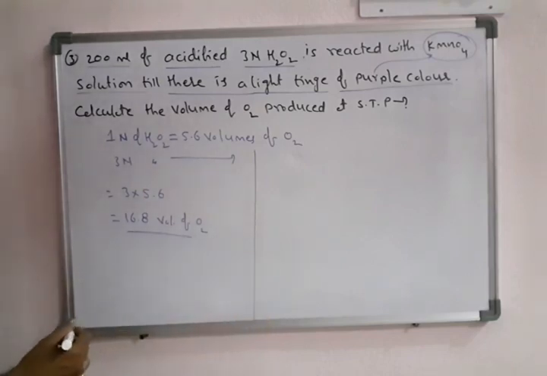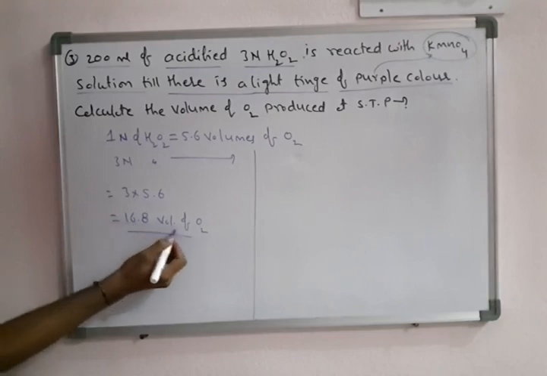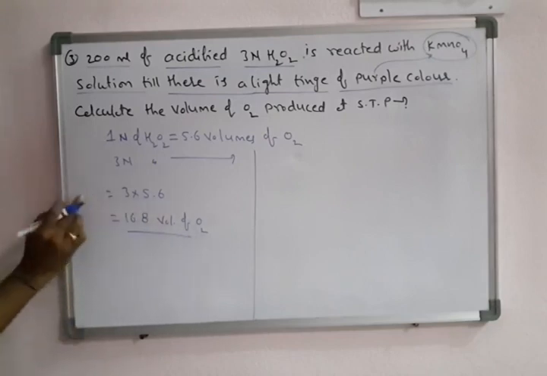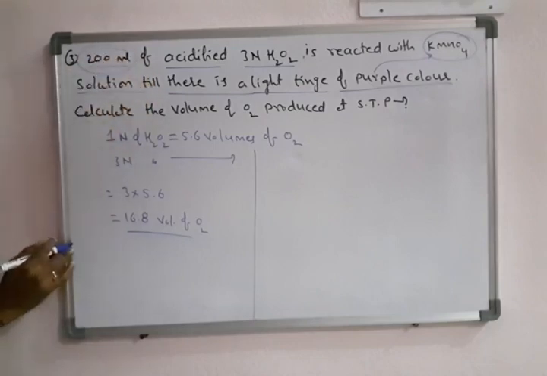Here we need to calculate. So the volume of oxygen released is 16.8 volumes of oxygen. But here it is given 200 milliliters.